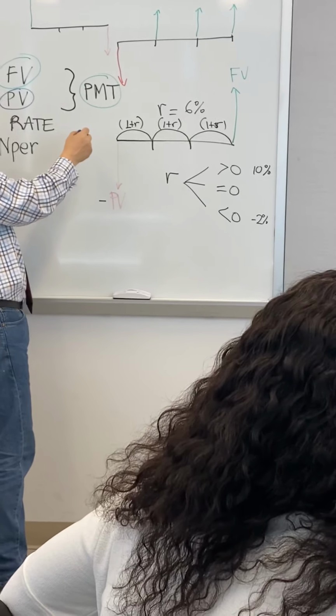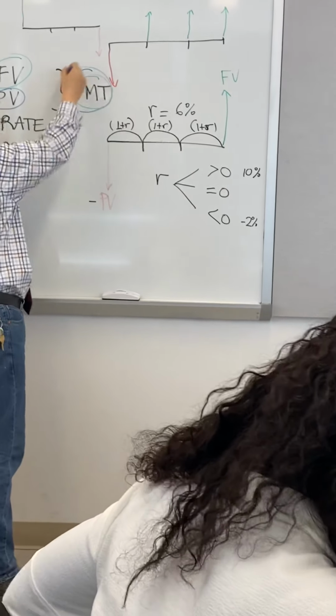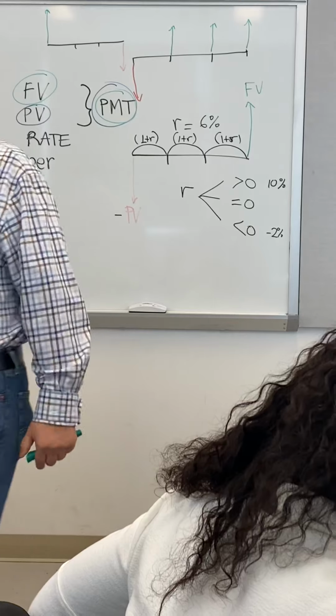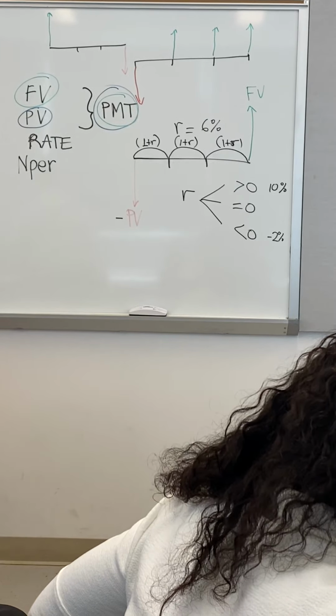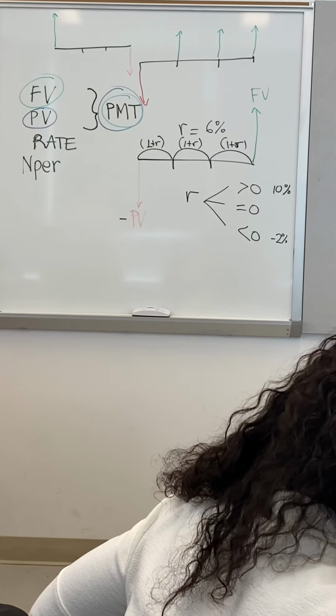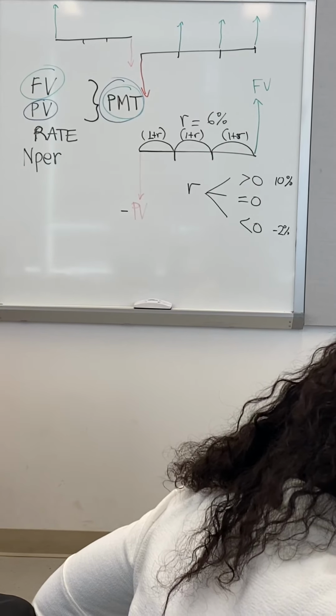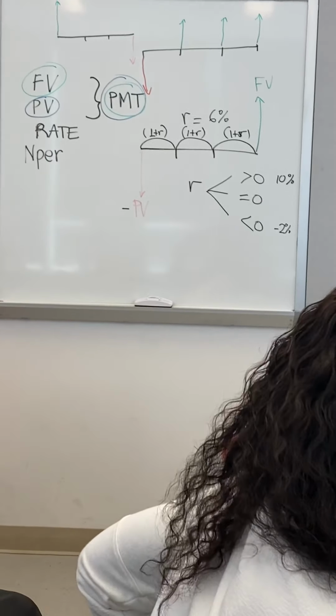If these deposits are equal, then you use payment. So payment can be used as an alternative way either to present value or future value. Is this clear? Jaylene? Good, I want to see you in your notes.